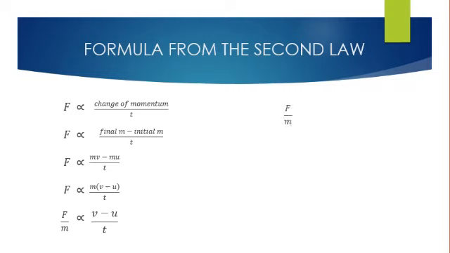So now I want you to notice that this formula on the right side is simply the formula for acceleration, right? Yes, so we can say F is directly proportional to a. When we reach this point, it will be very simple to say F is directly proportional to mass times acceleration.